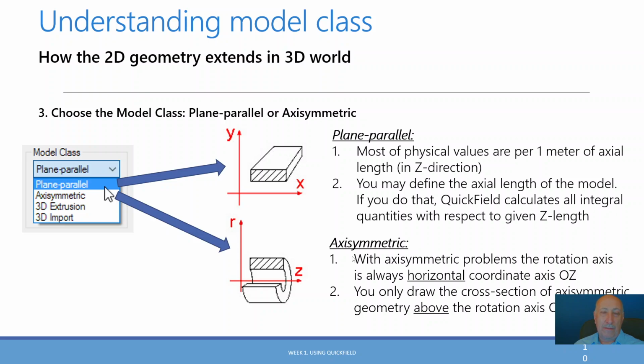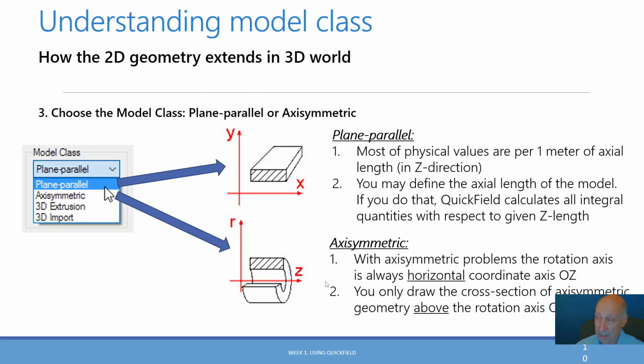And if we have an axisymmetric model class, the same rectangle is extended as a hollow cylinder parallel to the rotation axis, and the rotation axis in QuickField is hard-coded. It is always the x-axis.